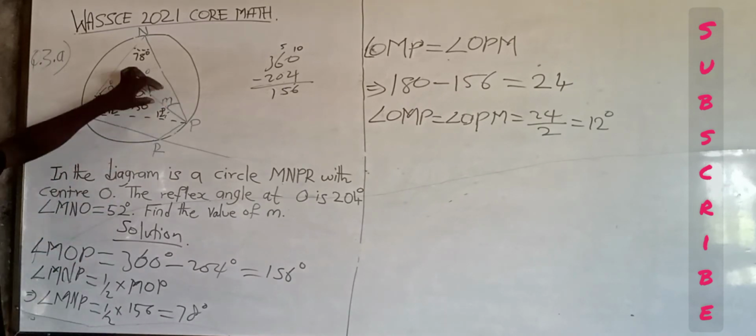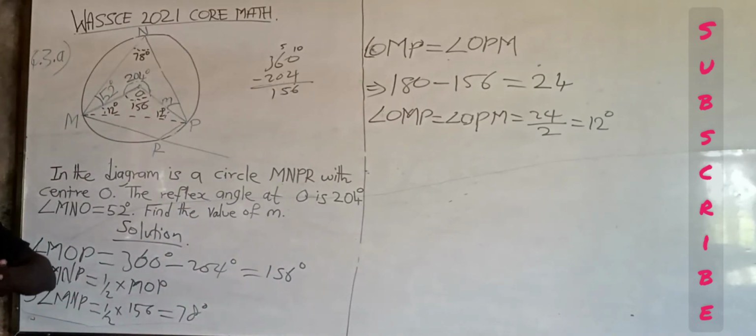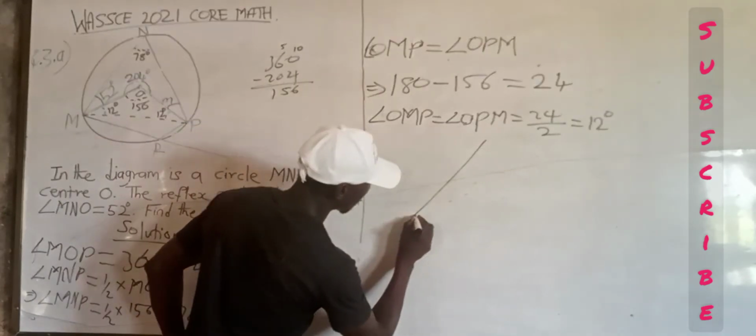So how are we now finding M? Let's separate the triangle on its own.